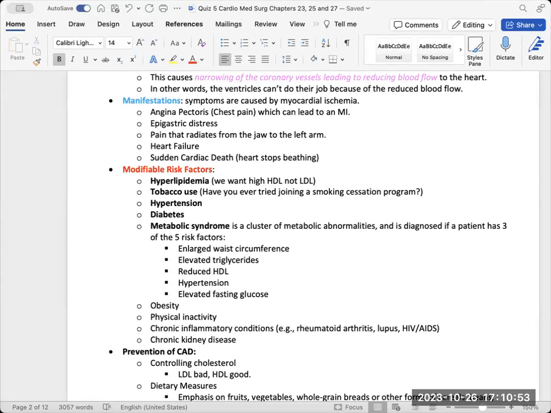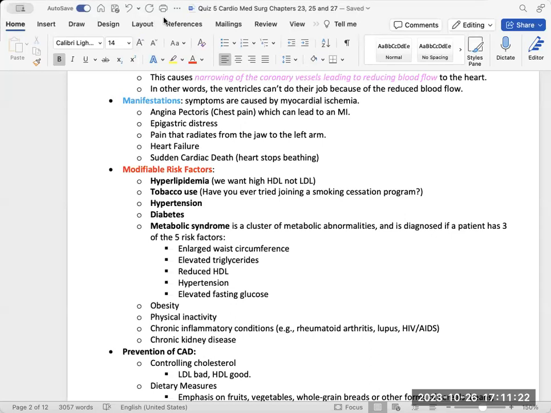Heart failure, because as I said, this disease is almost like the foundation for all the other ones. So it can cause heart failure, which is the heart's failed ability to pump blood to the rest of the vital organs. So that becomes an issue. Also, we have sudden cardiac death, right? If you're not getting blood to the heart, you might have cardiac arrest, the heart stops.